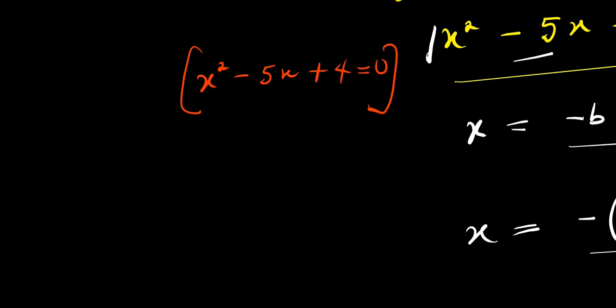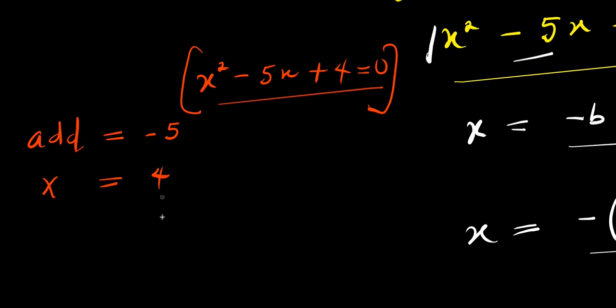To factorize this, you need two numbers that if you add, you have negative 5, and if you multiply, you have 4. The two numbers are negative 4 and negative 1. Negative 4 plus negative 1 is negative 5. Negative 4 times negative 1 is positive 4. So those are the two numbers.